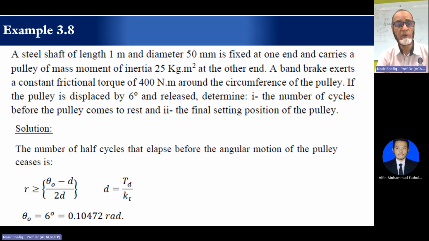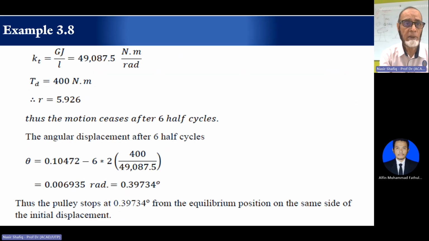So r is the number of half cycles, less than initial theta naught minus d, upon 2d. Here d is equal to the given value. The initial angle is 6 degrees, which we convert to radians, because in engineering calculations we use radians.